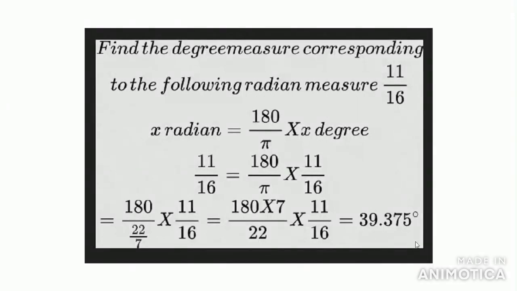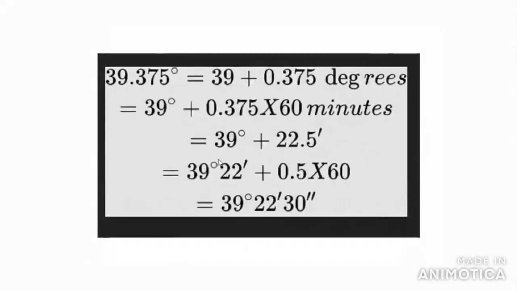39.375 degree. Now this 0.375 degree can be expressed in terms of minutes. 39.375 degree is equal to 39 plus 0.375 degrees, that's equal to 39 degree plus 0.375 into 60 minutes.